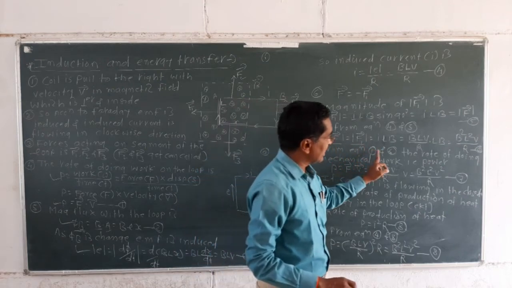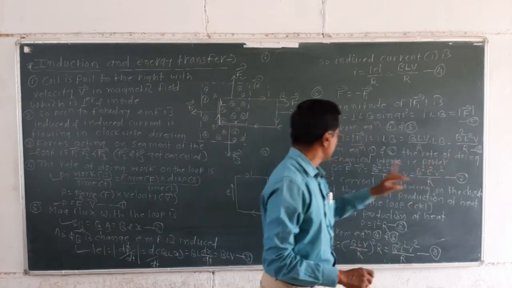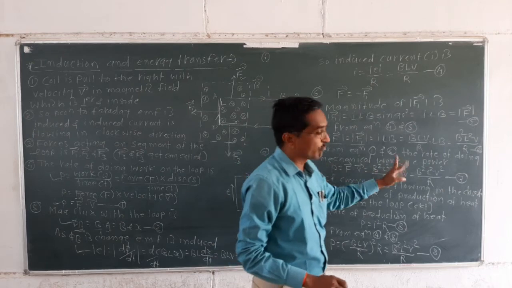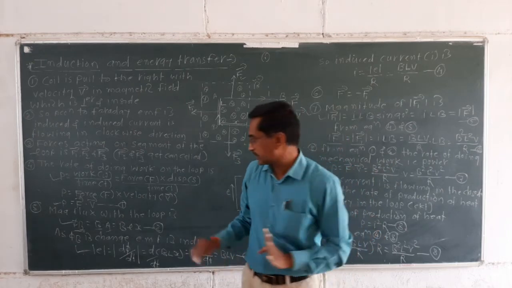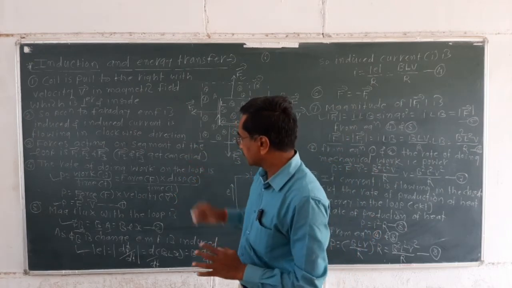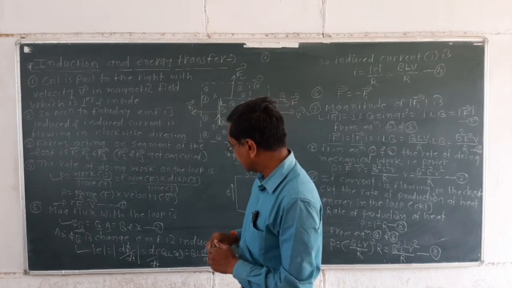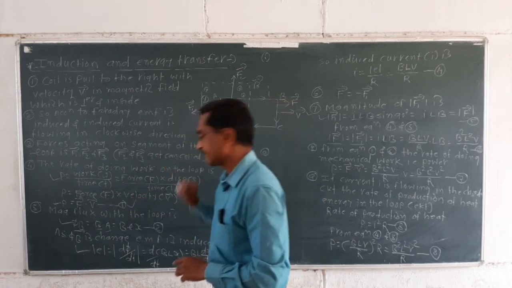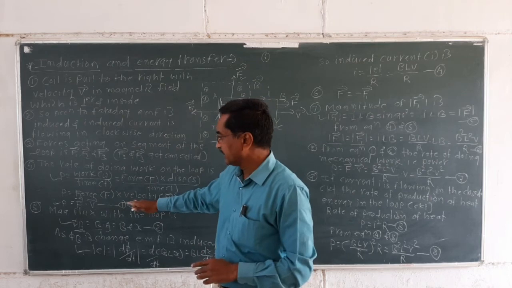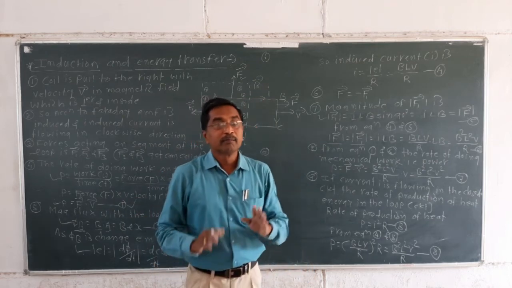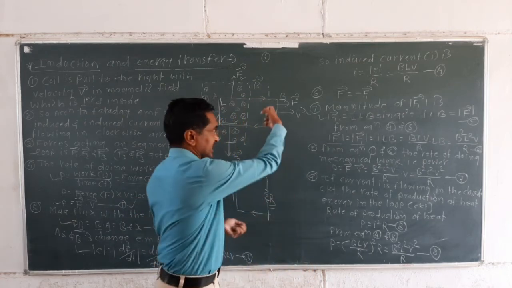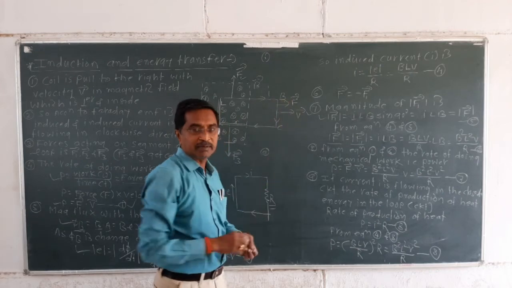From equation 1 and 6, the rate of doing mechanical work. From equation 1 and 6, where is the equation number 1? Here. What is this? It is nothing but the rate of mechanical work. Yeah, आपला साइन फोर्स अप्लाई करता हो तुम्ही. This is the mechanical work.